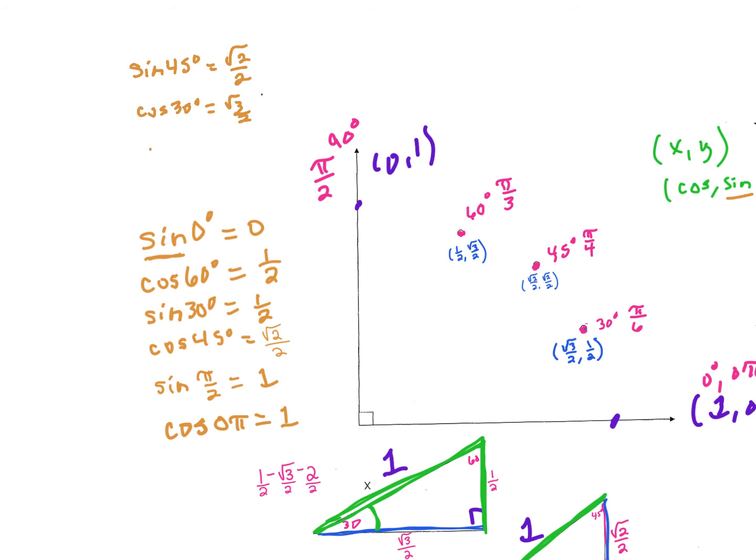What about Chris, the cosine of pi over 2? 0, yep. And let's see, the cosine of pi over 6, Sloan? Square root of 3 over 2. Square root of 3 over 2, sounds good.